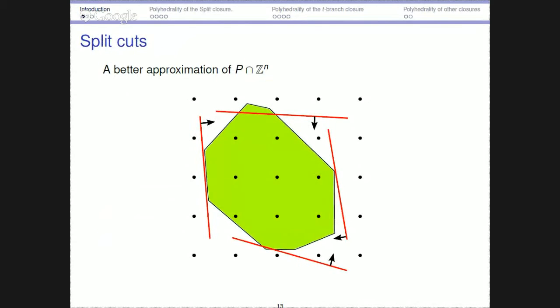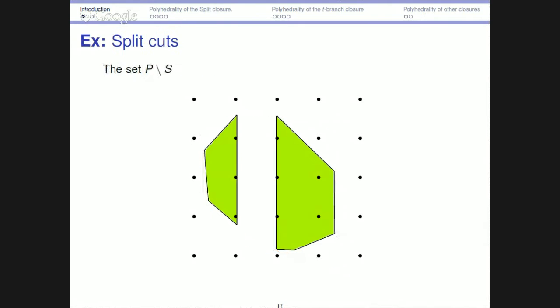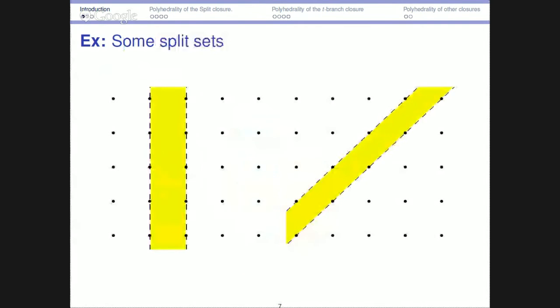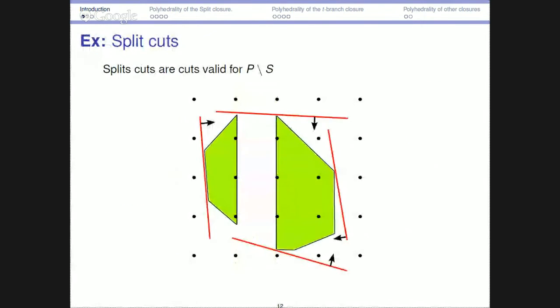What could cause the loss of polyhedrality? Because you have infinitely many possible split sets. Yes, because you could consider any possible split set. So you have infinitely many split cuts, and at the end you are intersecting with infinitely many cuts. Good question. Thank you.